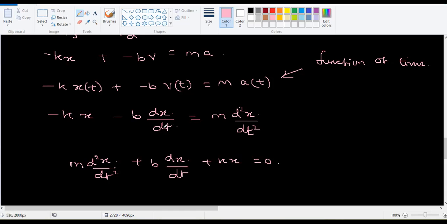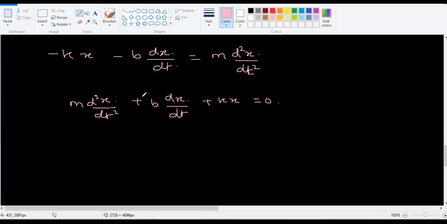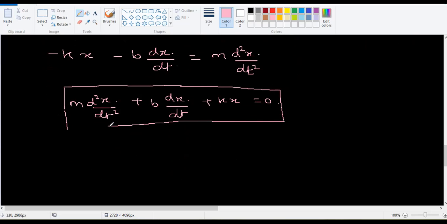If I bring everything to this side, the other side is going to be 0. This is what we call a differential equation. x squared plus 5x is an algebraic equation. Similarly, this is called a differential equation.